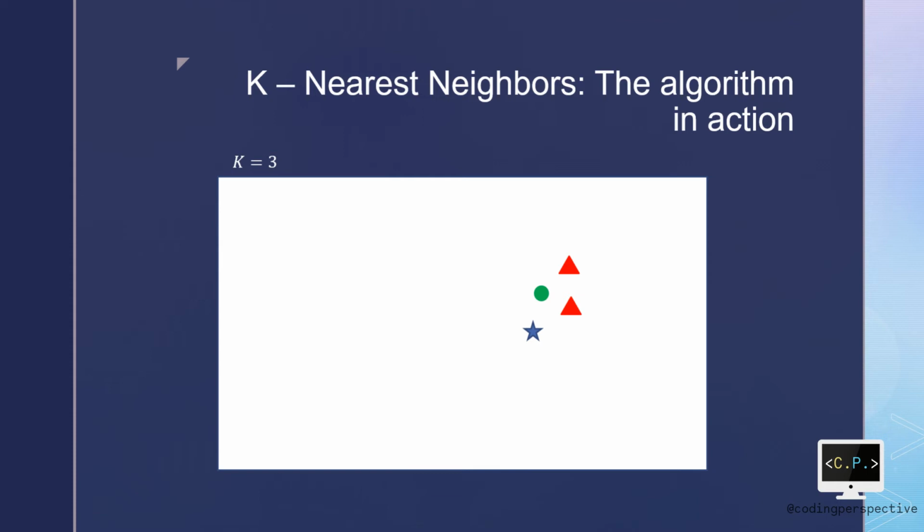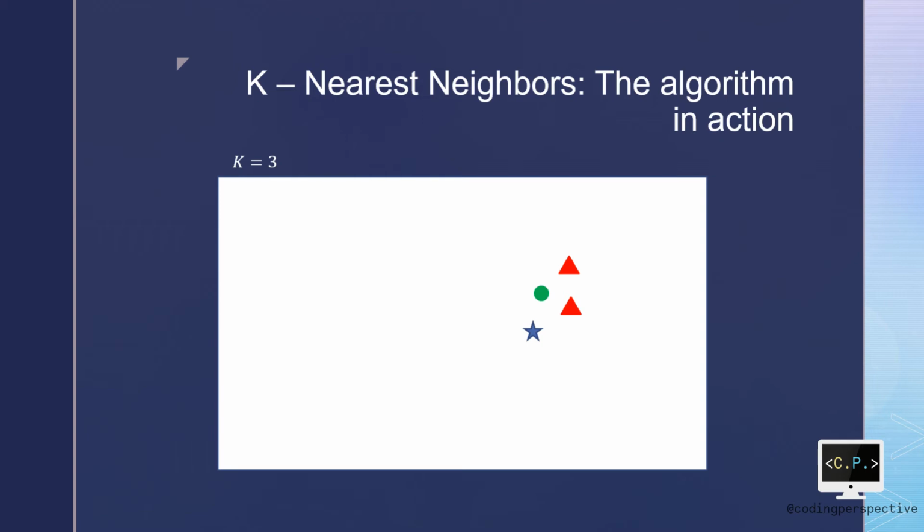Based on the data points selected, the algorithm predicts the class of the test observation. In our case, we have only one blue star and two red triangles. Since the probability of having a red triangle is greater than that of a blue star, our algorithm, KNN, will estimate the green circle as a red triangle. This is how the KNN algorithm works in action.